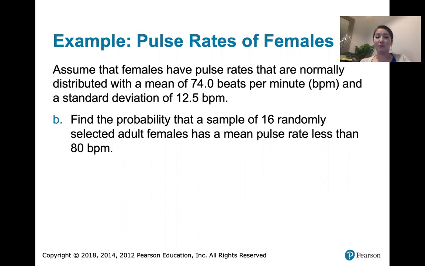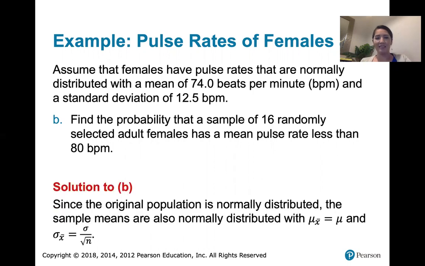We can use those formulas that we had from before because the original population is normally distributed. Since the original population is normally distributed, so are the sample means. And the sample means will have the same mean as the original population and a standard deviation equal to the population standard deviation divided by the square root of the sample size.